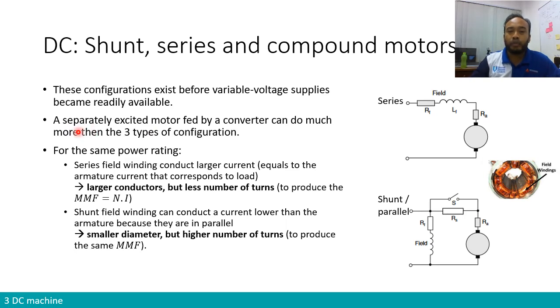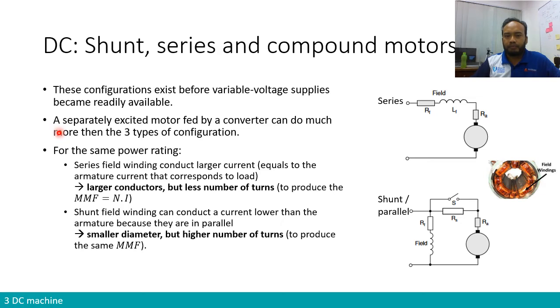So separately excited motor was not that interesting, for example, 40 to 50 years ago, because even if you are exciting the field winding separately, there is no means to change the value of voltage into the field winding, except if you include in the circuit of the field winding a certain variable resistor, and you play with the value of the variable resistor in order to change the intensity of the voltage of your field winding.